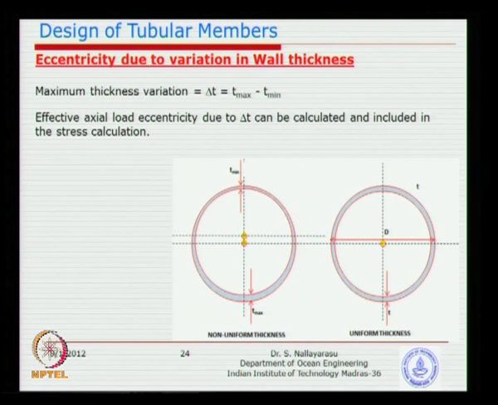So, when you roll them into shapes of this kind, we expect something like this. Now, what really happens when one side is slightly thicker and the other side is slightly thinner is that the center of gravity of the cross section shifts to one side. When that happens, you will see that an additional moment is generated.